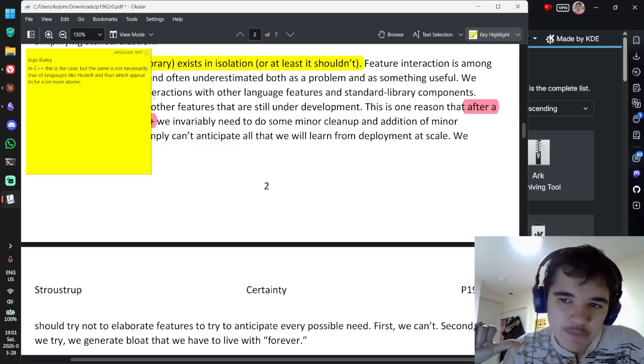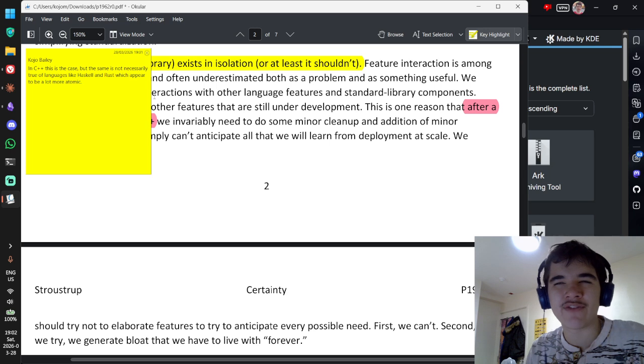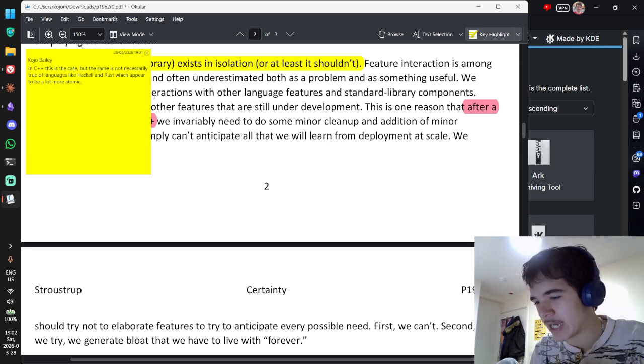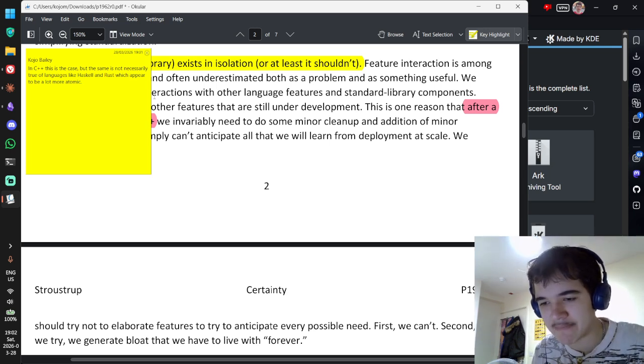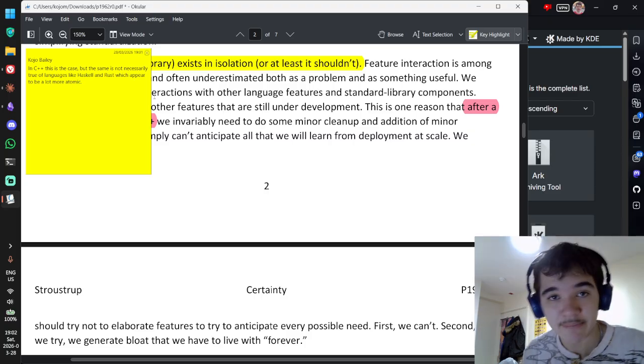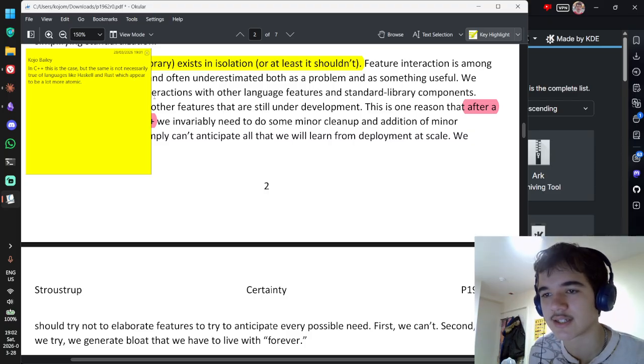Maybe Lisp does it, but even then I'm not entirely sure. Atomic is where you have a language that's basically built up from a simple idea. It could be like assembly, a macro assembler, for instance, might be atomic, maybe, or just assembly in general.